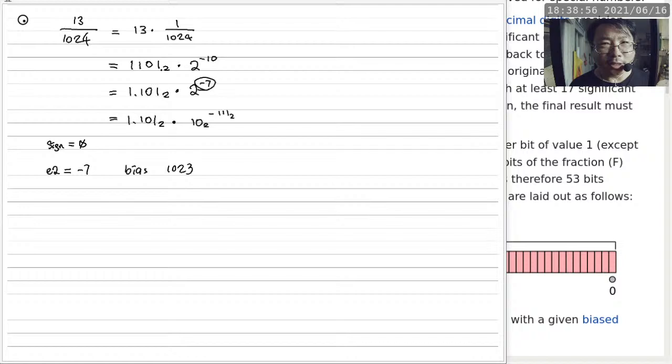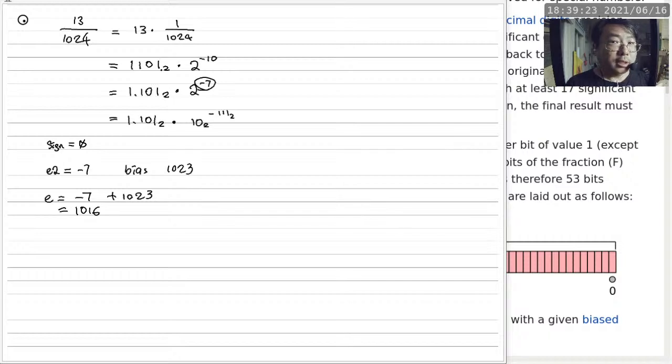We are not going to discuss this. We are not going to argue. We'll just say the bias amount is 1023. So the actual exponent being represented is biased by 1023, and that turns out to be 1016, I think. There we go.